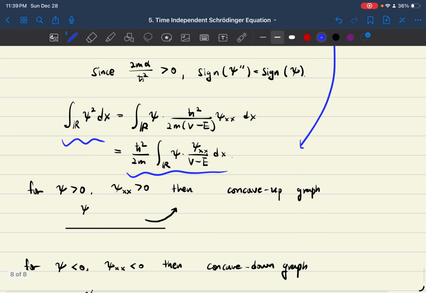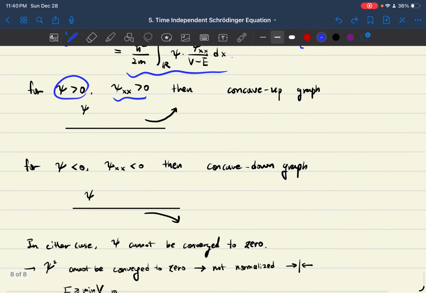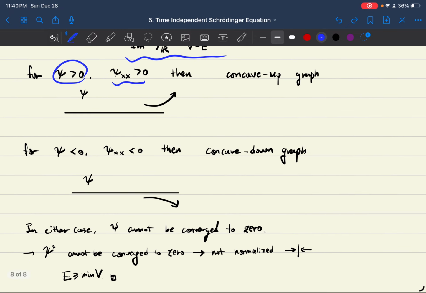So we know that for psi greater than 0, psi double-prime, which means the second derivative of psi, should be greater than 0, which means the graph is shaped like this, which cannot be normalized. So it is a concave up graph, and in the other case, it's a concave down graph.